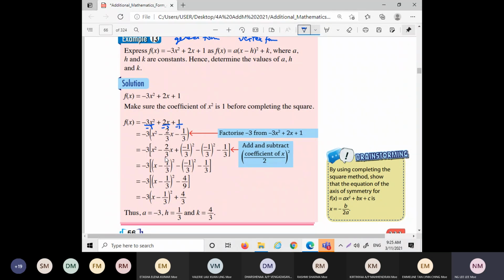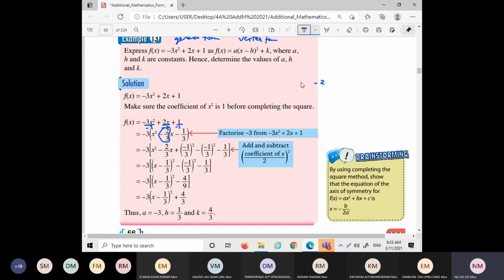Then next step, you still remember negative b over 2, the whole thing squared, plus and minus. Here you see the b is this.